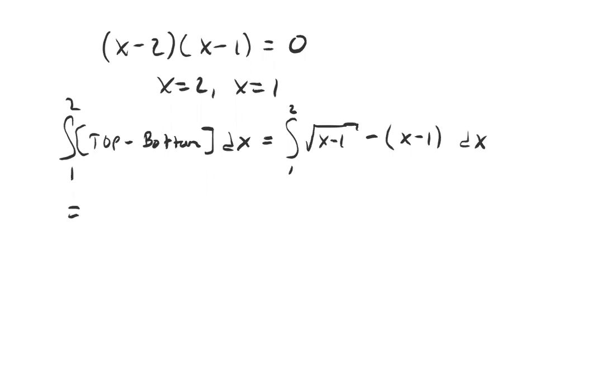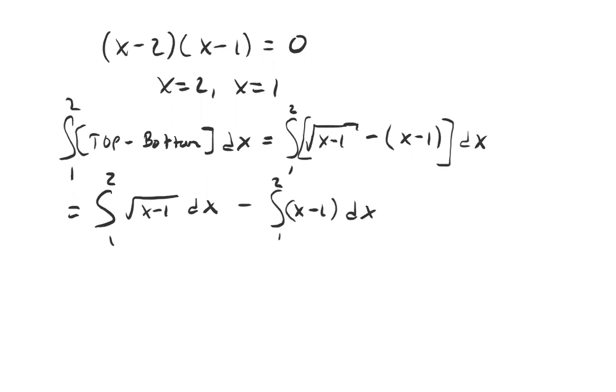I'm going to split it up: the integral from 1 to 2 of square root of x minus 1 dx minus the integral from 1 to 2 of x minus 1 dx.